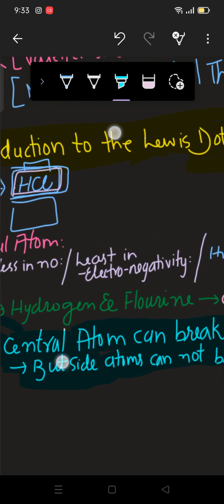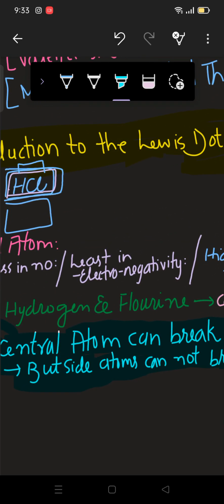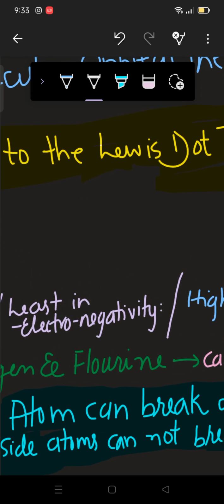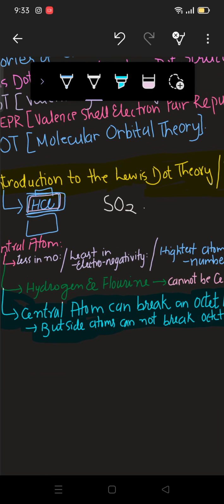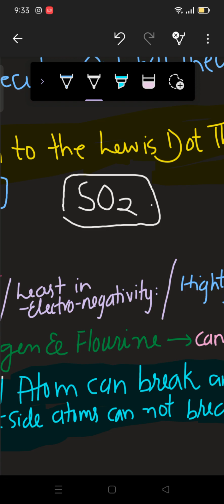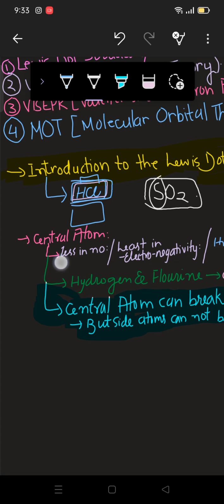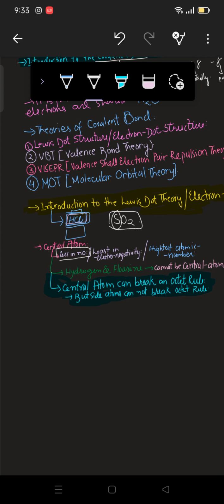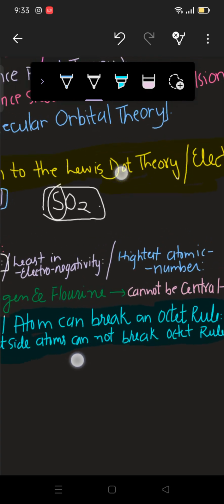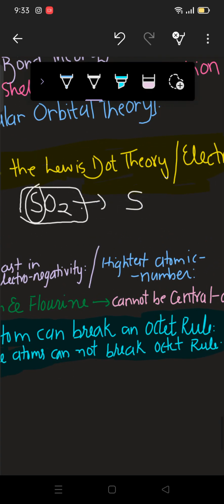If you have, I wrote here, HCl, or you can write any other one, for example H2SO4 or SO2, so initially you need to choose the central atom. Of course this sulfur will be the central atom, since we have already discussed less in number. Oxygen, we have two atoms of oxygen here, so sulfur is only one. So basically here sulfur would be the central atom.